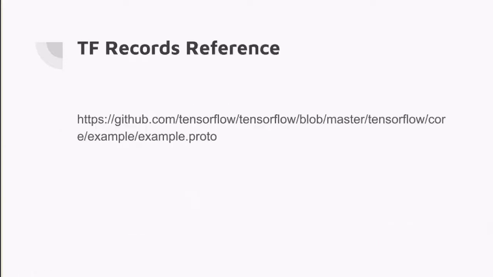I just have a link in there, I'll share these slides around after, to the protobuf file for what the TF records data structure is, in a class or data structure called Example. Protobuf is a data format that Google use internally. We use it in Spotify as well. It's pretty cool. It's a great way to define your data and send it around in binary format if you want.